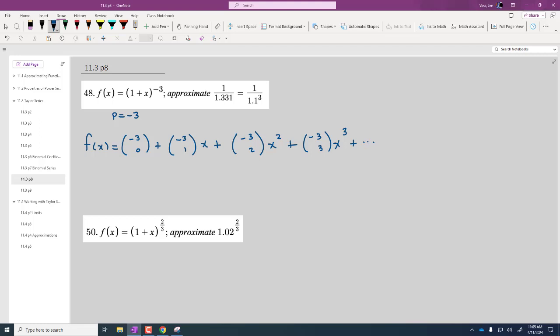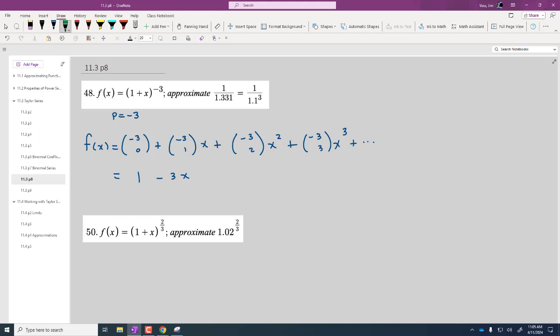When we rewrite this, it's super fast for the first two terms. -3 choose 0. Choosing 0 can only be done one way. Don't do anything. So the first two terms are always instantaneous. Always 1 and always p.